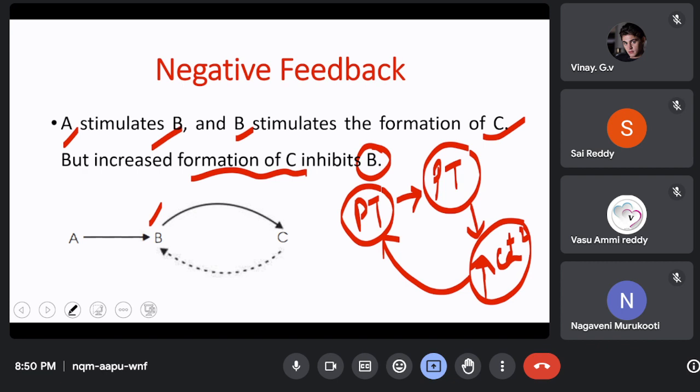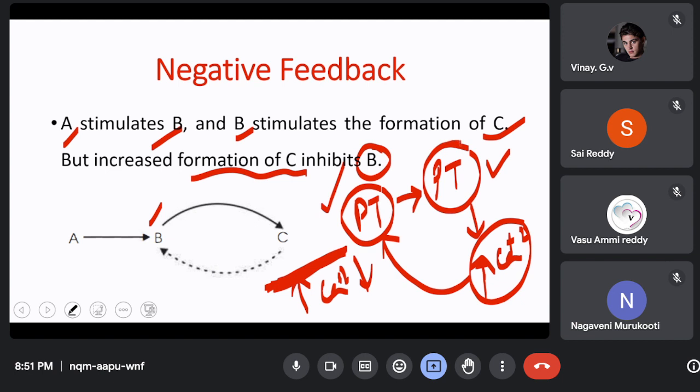That means this is the basal level, and your calcium levels have fallen down. As soon as they have fallen down, what happens? They stimulate the parathyroid so that parathormone is secreted. It leads to decalcification of the bone, and calcium ions are released, and it is brought to normalcy.